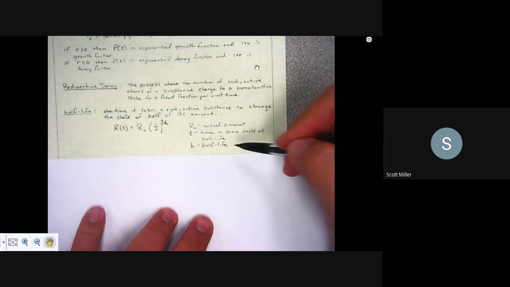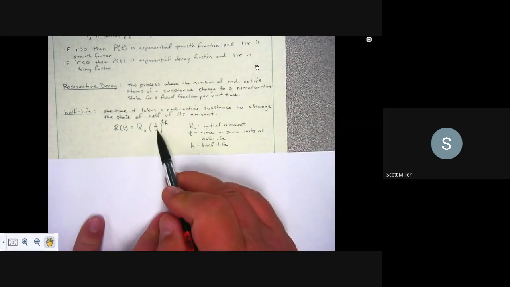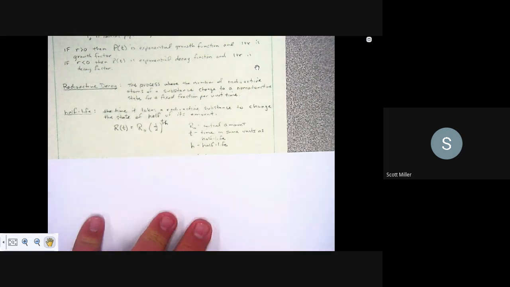So it'll tell you it has a half-life of this many years. Okay? Or whatever the case may be. And so it's a half-life, so you're gonna have the one half as the base number. It diminishes by 1/2 each time. So when we do half-lives, that's what we're gonna be dealing with right here.